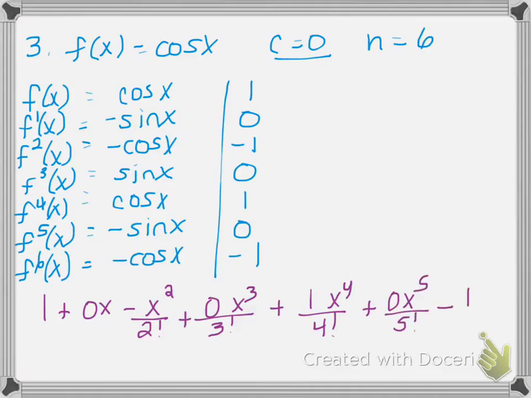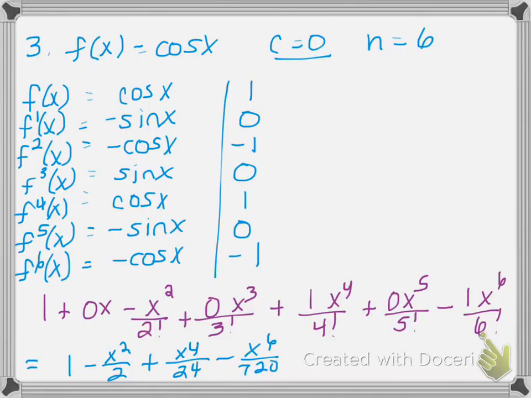Minus 1, x to the sixth, 6 factorial. So if I simplify here, I get 1 minus x squared over 2 plus x to the fourth over 24 minus x to the sixth over 720. Because all these are 0, so they go away.